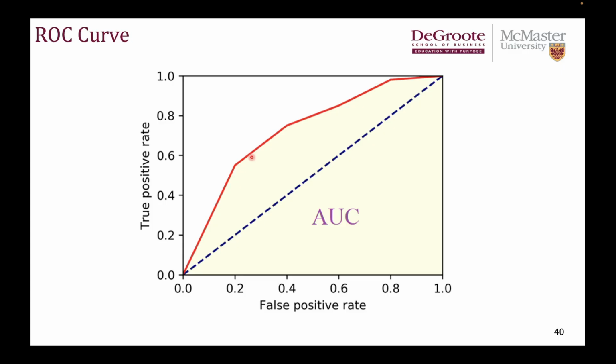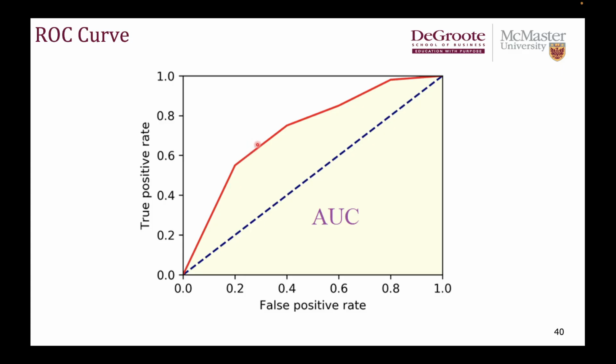Okay? However, the outcomes of using different thresholds will be different. And this plot says that while you are trying different threshold values, the true positive rate and false positive rate will be different.